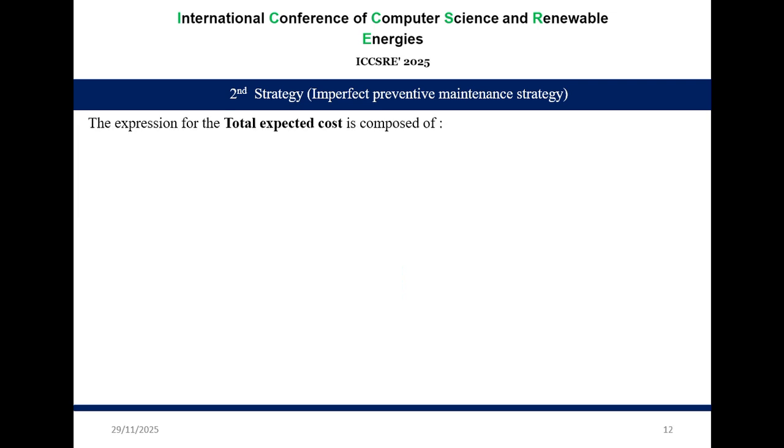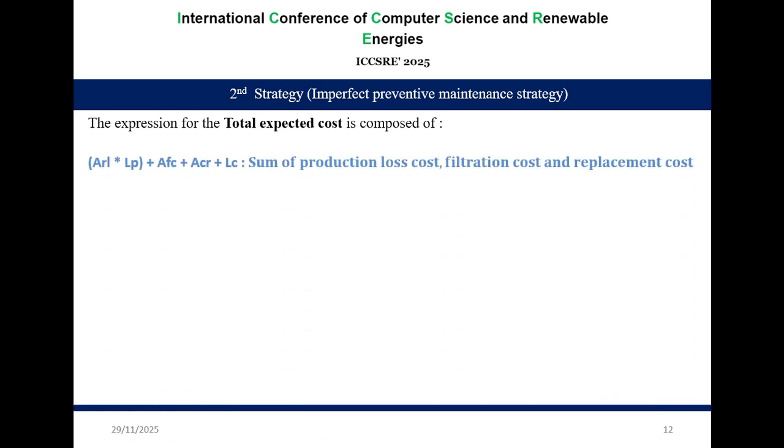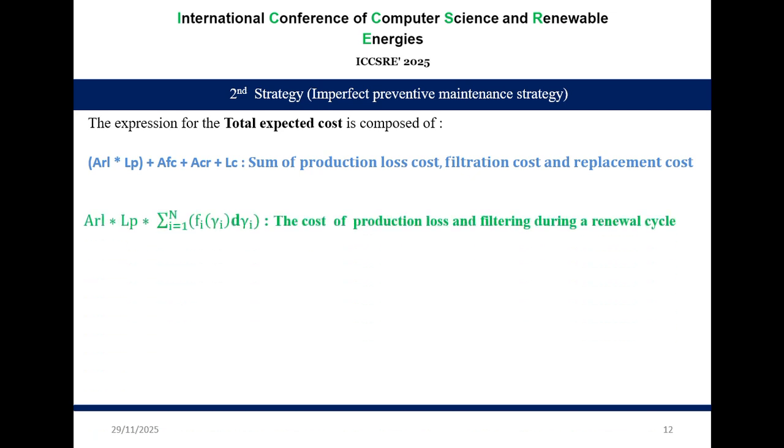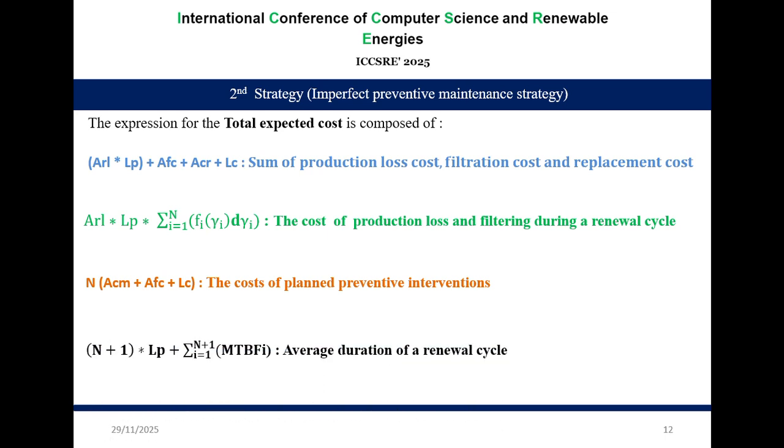So in this second strategy, the expression of the total expected cost is composed of the sum of production lost cost, filtration cost, and renewal cost, and the cost of production lost and filtering during a renewal cycle, the costs of planned preventive interventions, and finally the average duration of a renewal cycle.